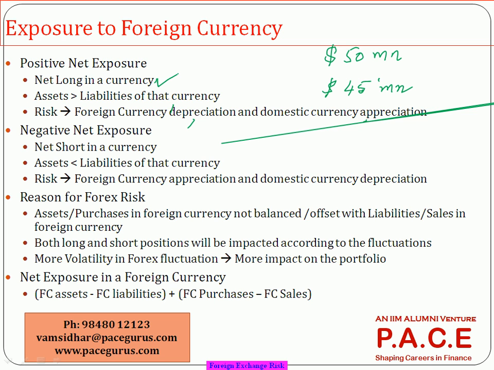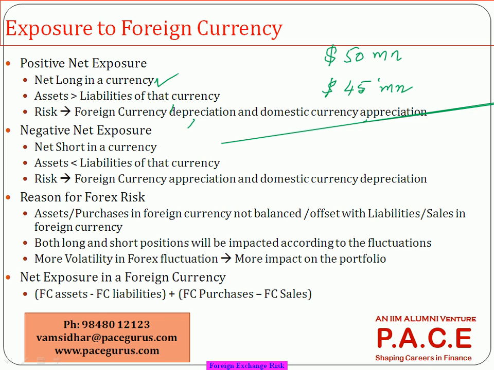right? Because my assets are more, my dollar denominated assets are more compared to the dollar denominated liabilities. As a Indian rupee hold, if my domestic currency is Indian rupee, my dollar denominated assets will be more than my liabilities, which means if the dollar appreciates and rupee depreciates, my profit is increasing, right?